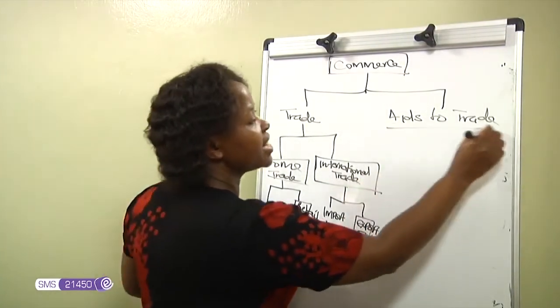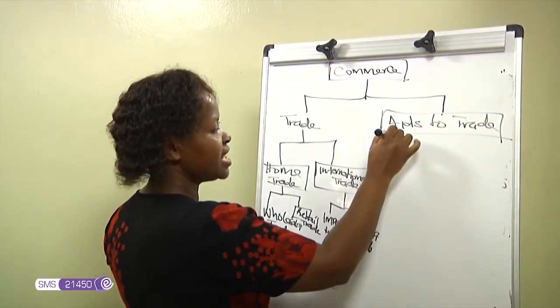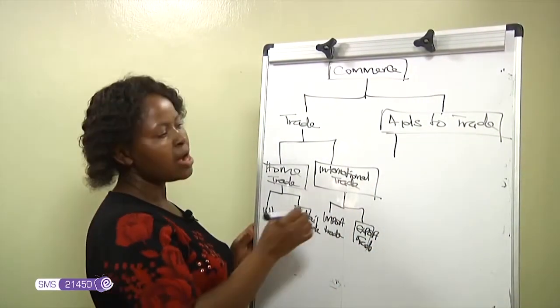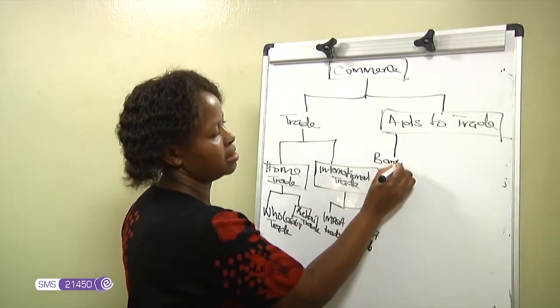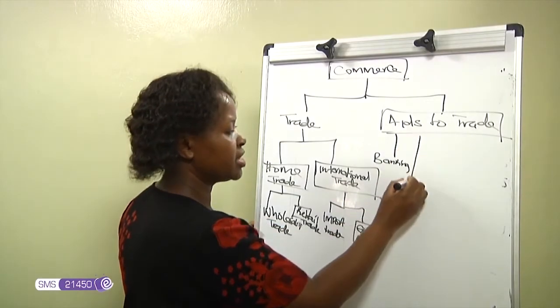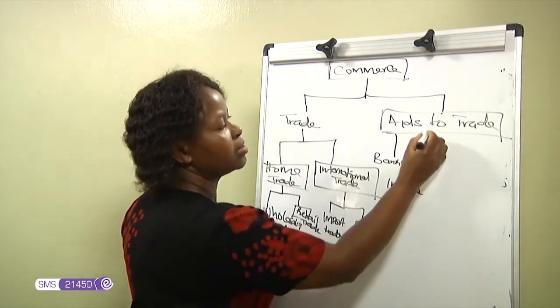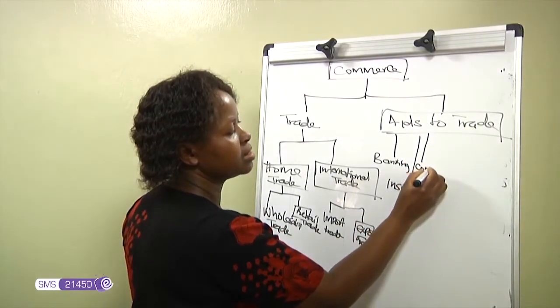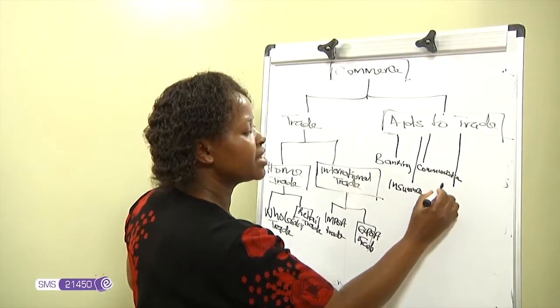Then, in regard to the aids to trade, we have said we have 6 aids to trade. They include banking, insurance, communication, and we also have warehousing.